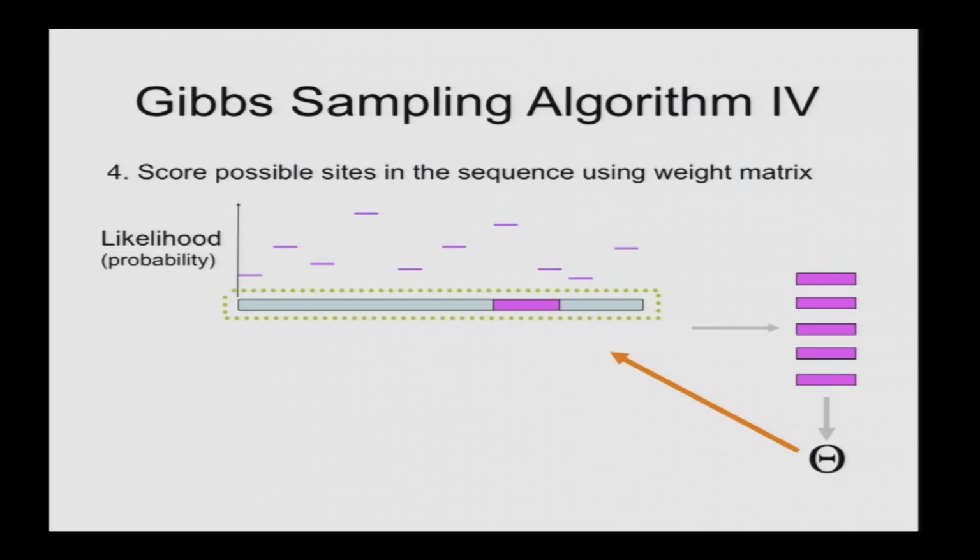You consider every subsequence of length W, the one that goes from 1 to W, the one that goes from 2 to W plus 1, et cetera, all the way to the end, and you calculate the probability of that sequence using the likelihood I gave you before. It's basically the probability of generating the sequence where you use the background vector for all the positions except the particular motif instance you're considering, and use the motif model for that.